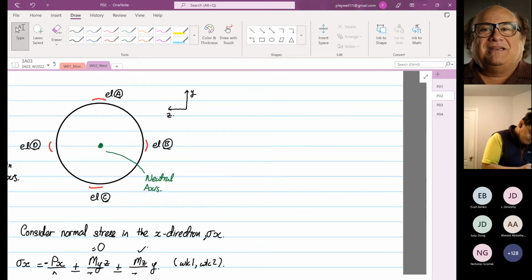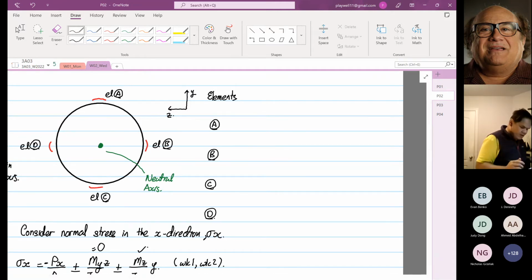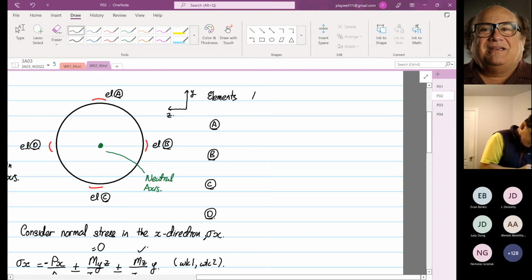So now, if we look at the elements, we have elements A, B, C, and D. If we form a table down here, and then we write axial loading.